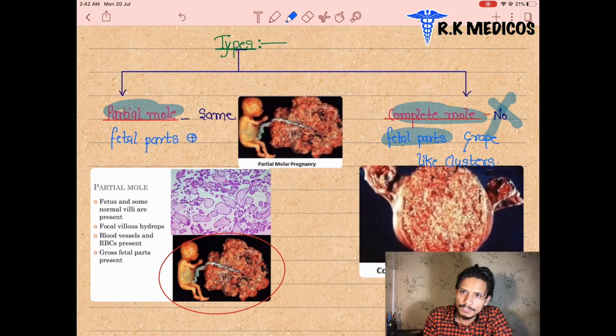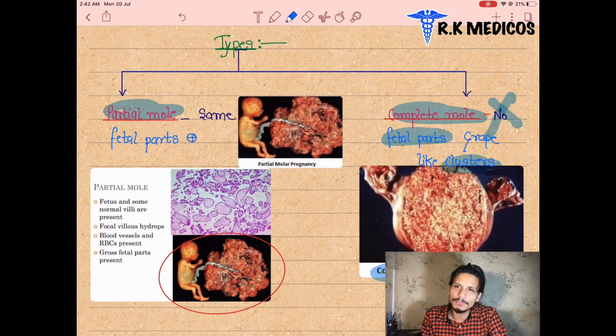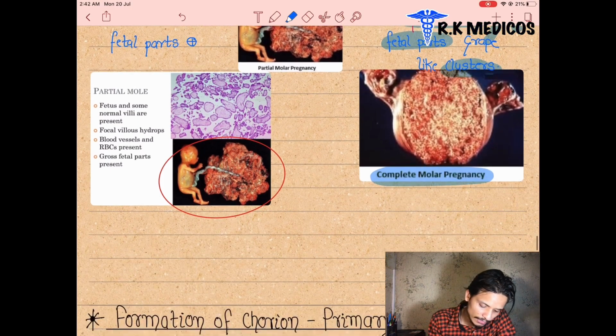There are no fetal parts, only big placental parts seen in cluster form. In the complete molar pregnancy, only placental tissue is present, but in the partial mole some parts of the fetus are present along with the placenta. Here some normal villi are present, but with hydropic villi, and the gross fetal parts are also present.